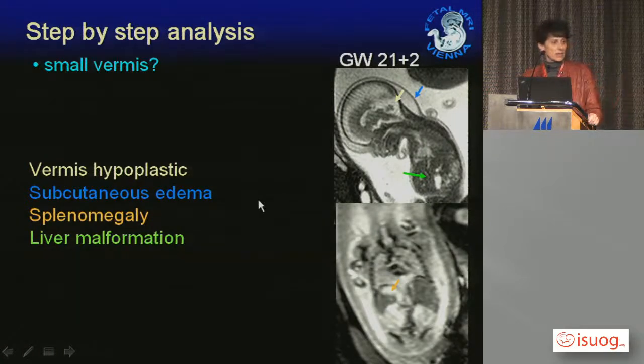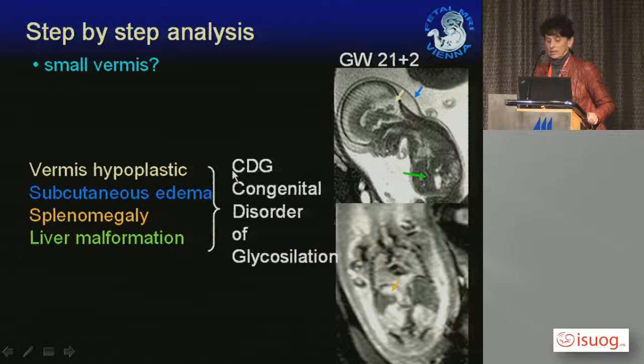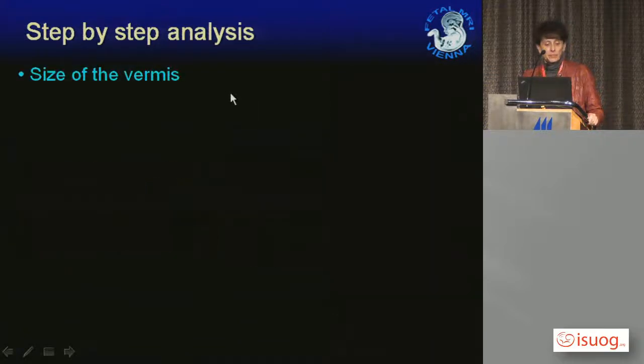Now it is easy to make a diagnosis. So what is your diagnosis? It's already part of the quiz. This is a congenital disorder of glycosylation. It is a metabolic disease, and there are only a few metabolic diseases that lead to disorders of anatomy and morphological changes, and this is one of them.